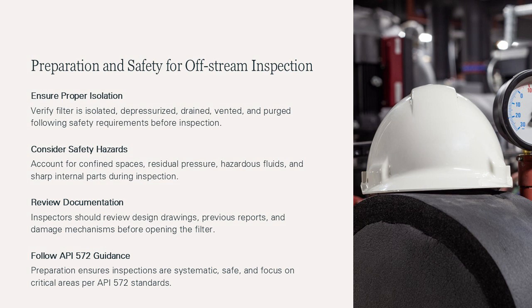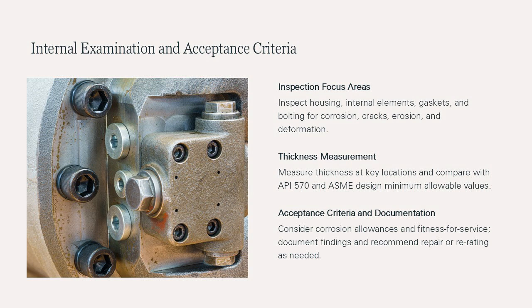Internal inspection allows direct assessment of the filter housing, internal elements, gaskets, and bolting. Inspectors should look for corrosion, erosion, pitting, cracks, deformation, and evidence of bypassing or element failure. Thickness measurements should be taken at representative locations and compared against minimum allowable thickness calculated per API 570 and original ASME design data.